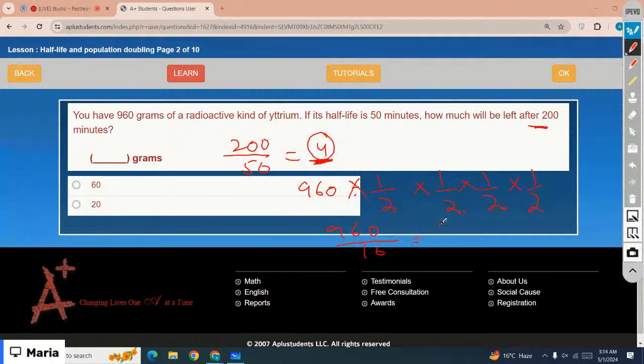And 16 times 6 is 96, so that is 60 grams. After 200 minutes, 60 grams would be left. The correct option is 60 grams.